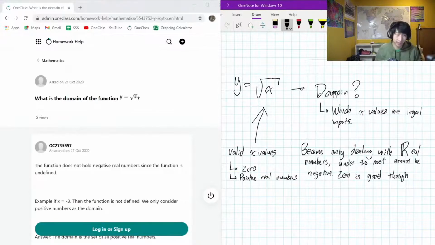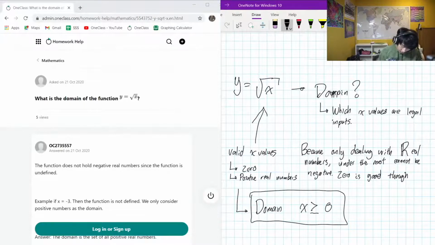So that really just excludes the negatives. So the domain is that x has to be bigger or equal to 0.